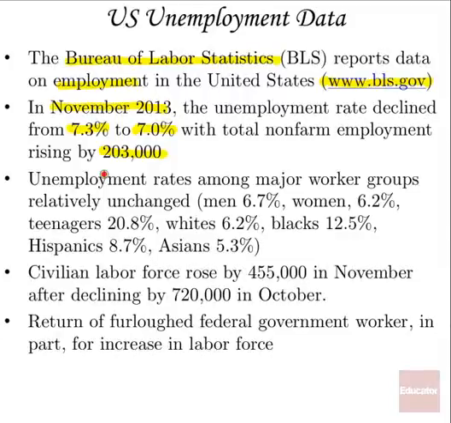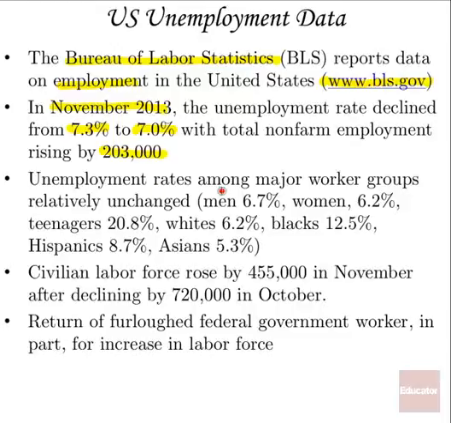But basically, this was actually a very good thing. For this particular month, the expectations were actually less than 203,000, maybe I believe it was like 150,000. So the number of people that got employed was higher than expected, and in addition to the lowered unemployment rate, that was actually some positive news.